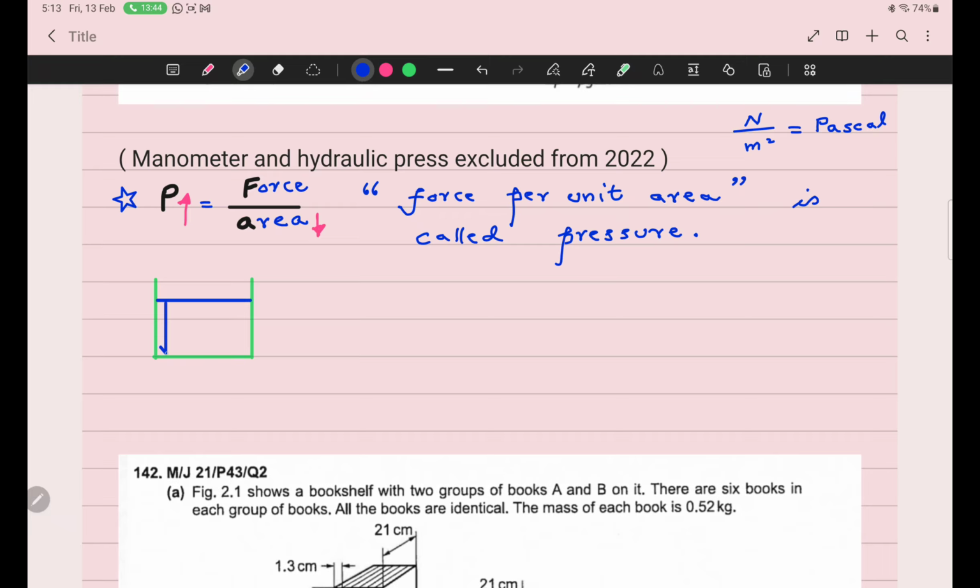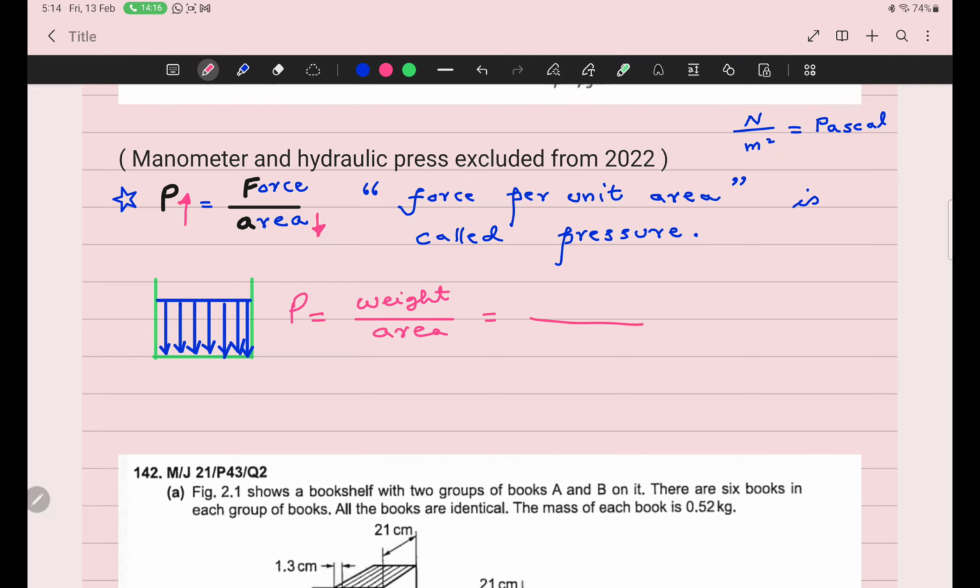Then obviously the weight of the water acts downward, and due to the weight of the water, there is a pressure in the base of the container. Pressure is force per unit area, but in this example, I am writing weight as a force.